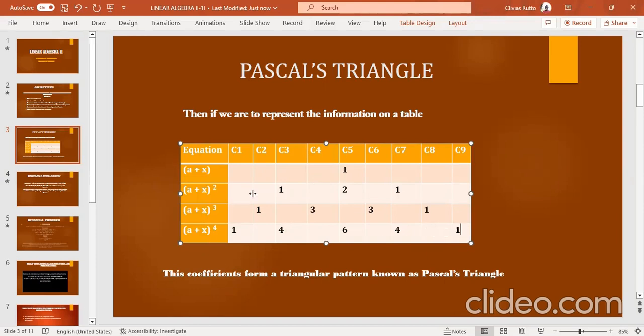So we can see the pattern formed here is in the form of a triangle. This triangle is called Pascal's triangle, and these coefficients are very key when we are doing binomial expansion.